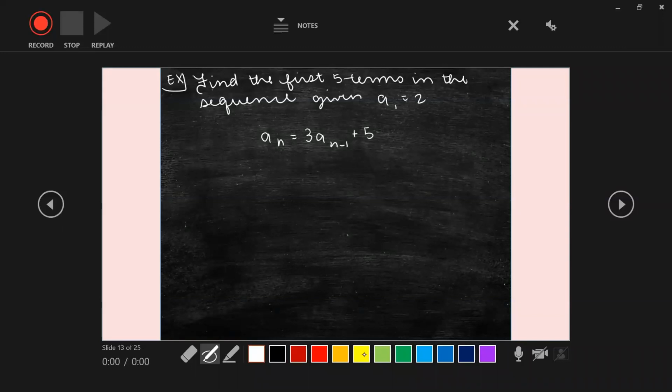I'll give you a hint. If you remember yesterday, we made our little chart in a sub n. All right, Emma, can you tell me what's going to be in this left-hand column? What are we going to write here?